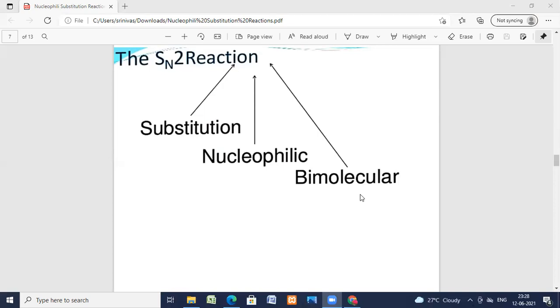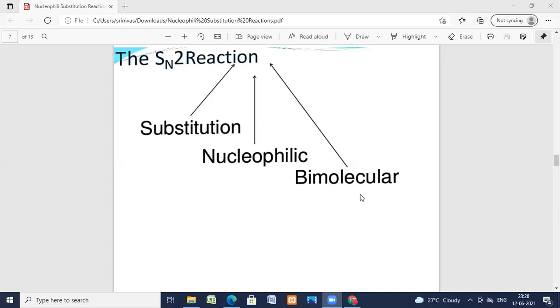The rate of the reaction is proportional to the concentration of both methyl bromide and sodium hydroxide, that is, to the concentration of the alkyl halide as well as the concentration of the nucleophile.